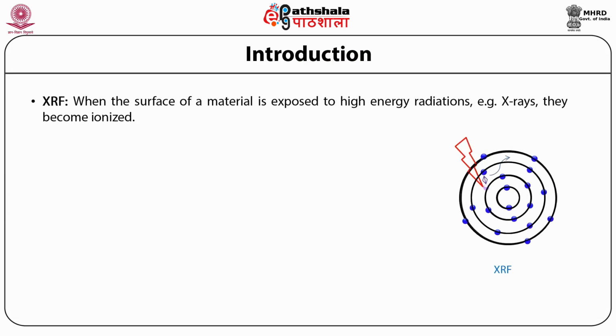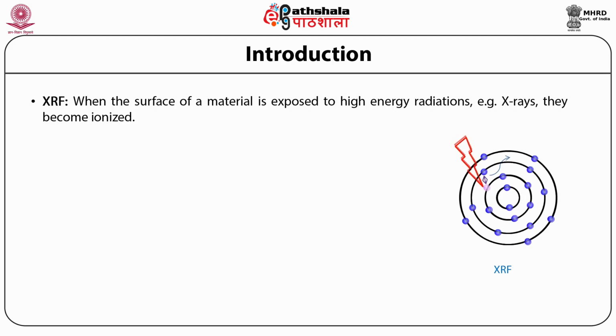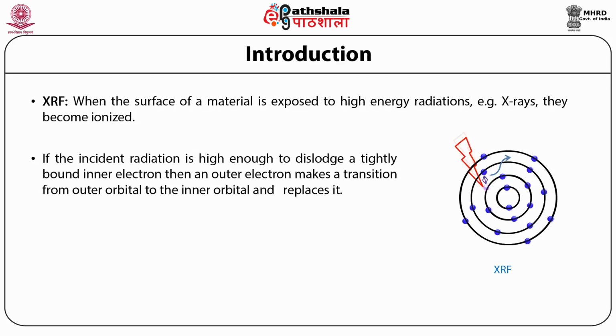X-ray fluorescence spectroscopy. When the surface of a material is exposed to high energy radiation such as X-rays, it becomes ionized. If the incident radiation is high enough to dislodge a tightly bound inner electron, then an outer electron makes a transition from the outer orbital to the inner orbital and replaces it.